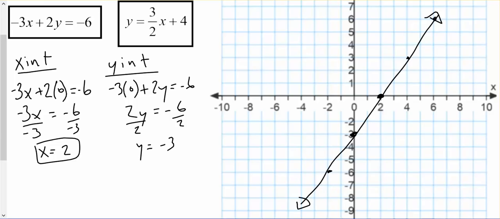Now we can take the information from this line and write a new equation in slope-intercept form. We can see that our y-intercept is at -3. Our y-intercept is a b value, so b is -3.